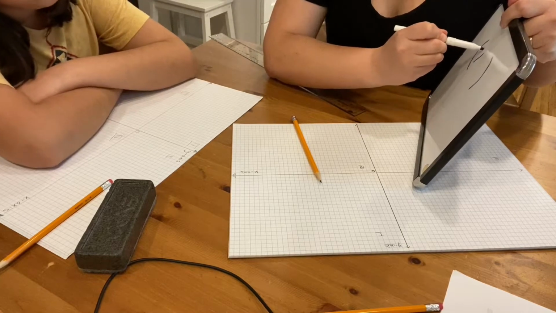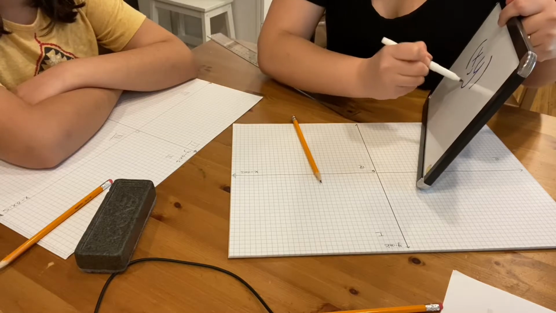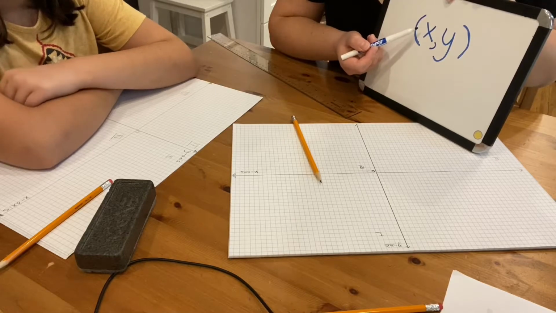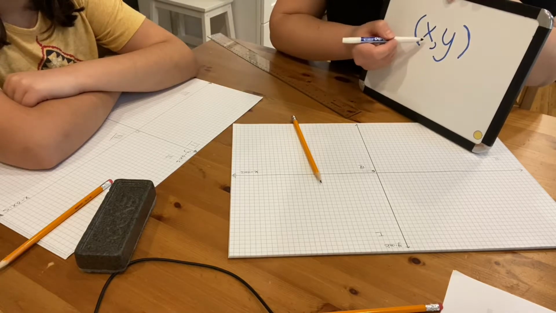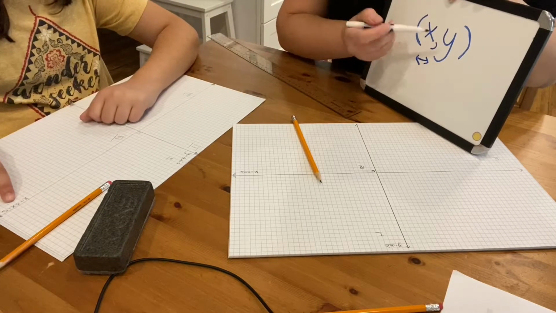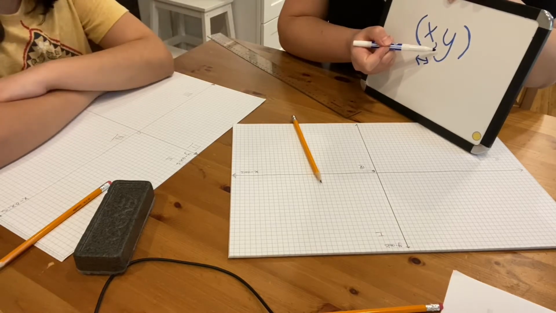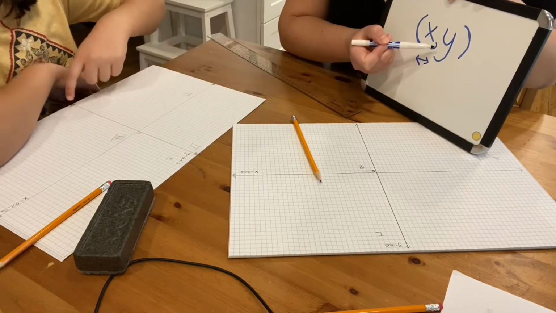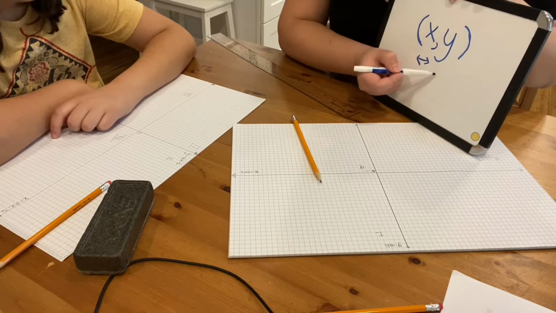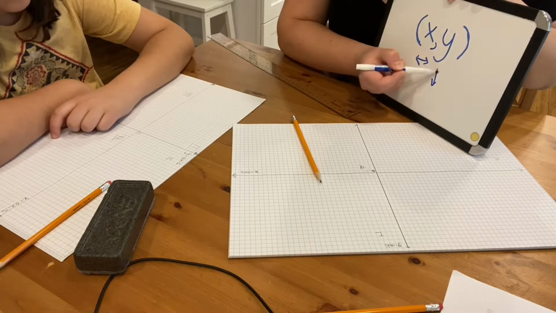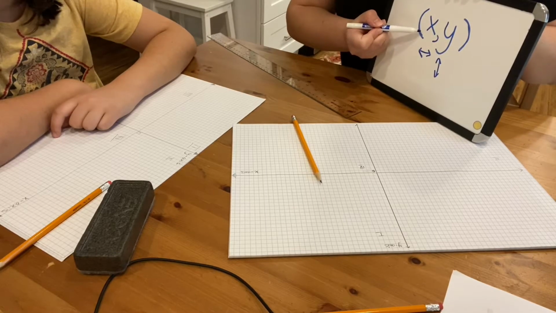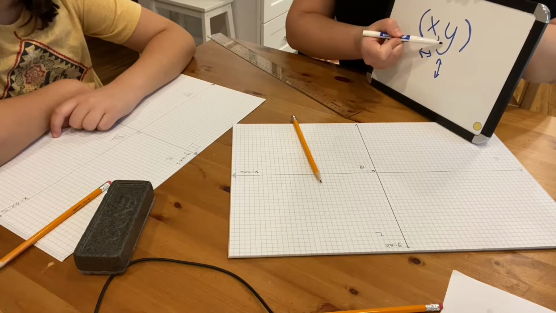First, we have the x and then the y coordinate. X coordinate means that we are going to find this coordinate on the x-axis, on the horizontal, and the y means that we're going to find its coordinate on the y-axis. Each point has 2 coordinates for 2 dimensions, and they are always coming in this order. First the x on the horizontal, and then the y on the vertical.